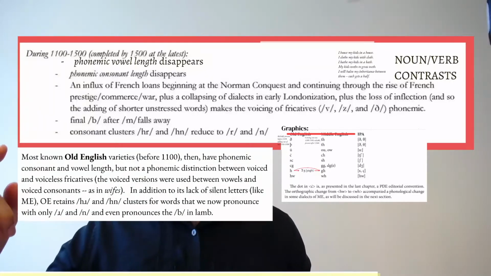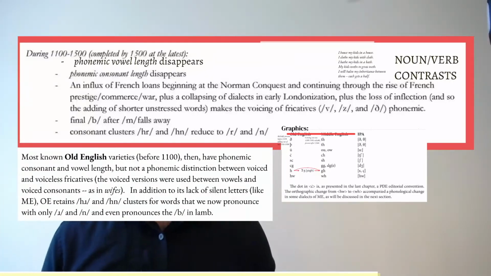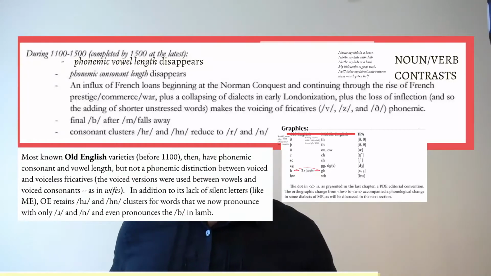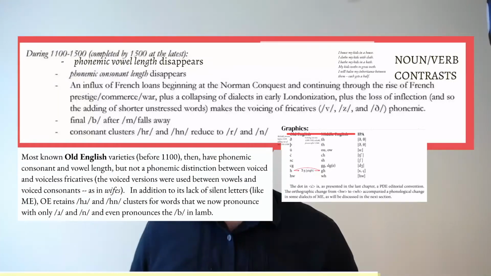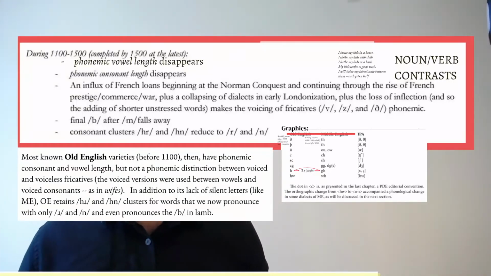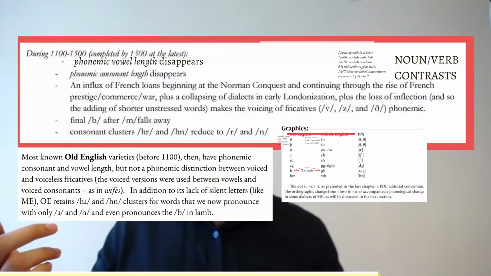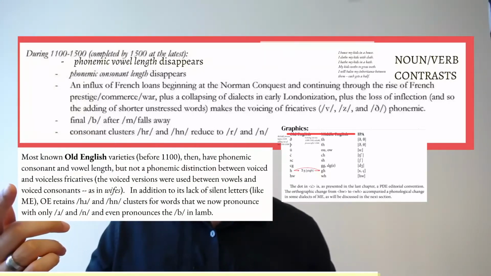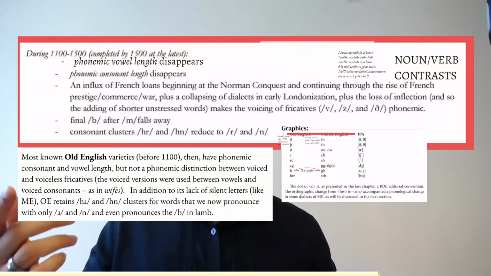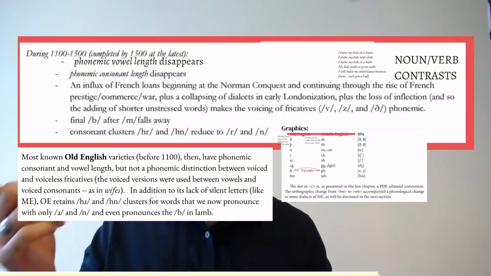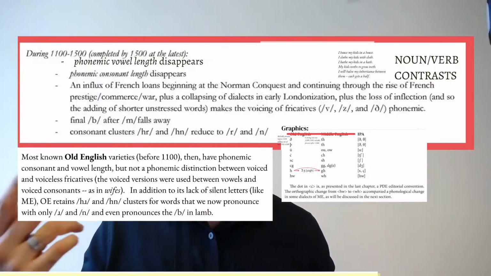To summarize, most known Old English varieties before 1100 have phonemic consonant and vowel length, but not a phonemic distinction between voiced and voiceless fricatives. The voiced versions were used, they were just the ones used between vowels and voiced consonants. So, wife, wives, it's a slightly different pronunciation of what is received as the same consonant, the same sound.